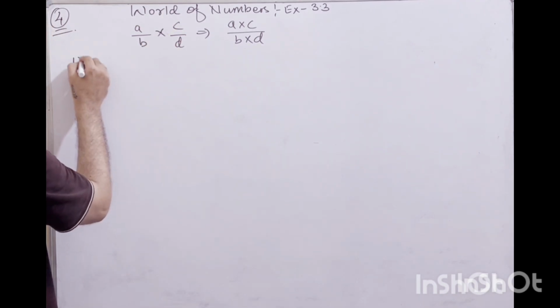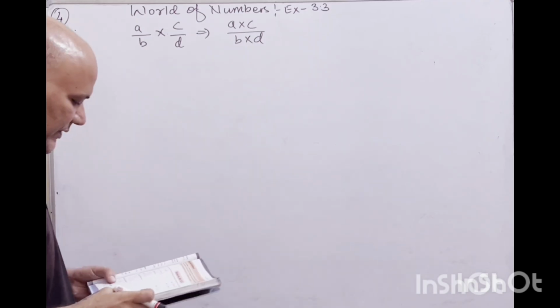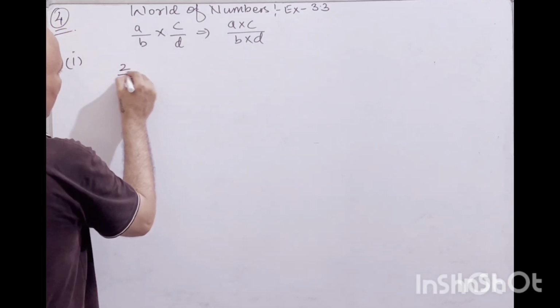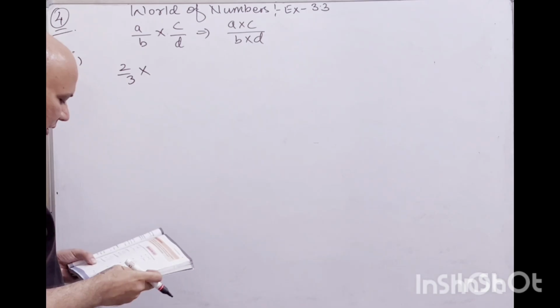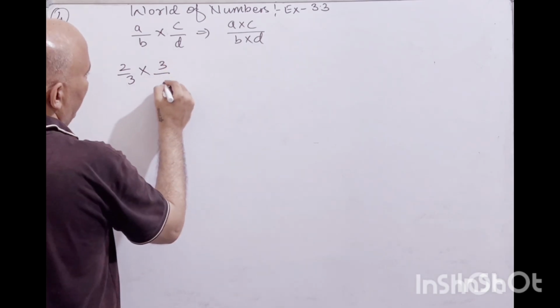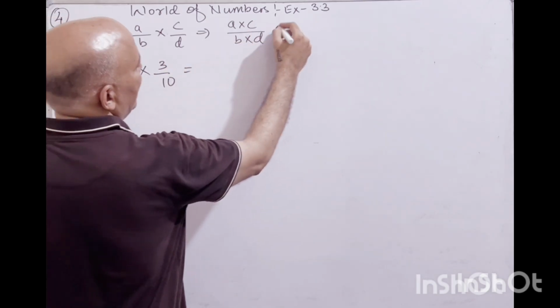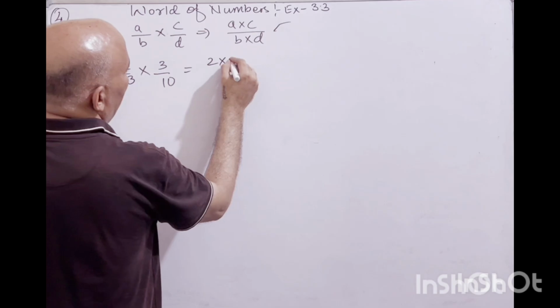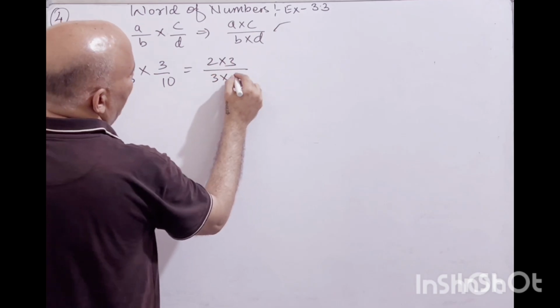Now the first one says 2 by 3 multiplied by 3 by 10. As per this condition, 2 multiplied by 3 and 3 multiplied by 10.